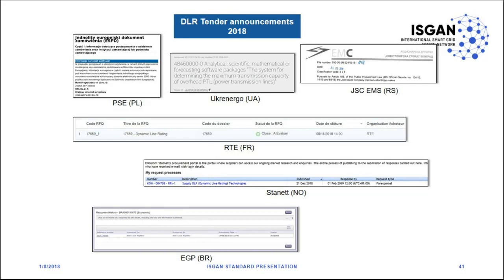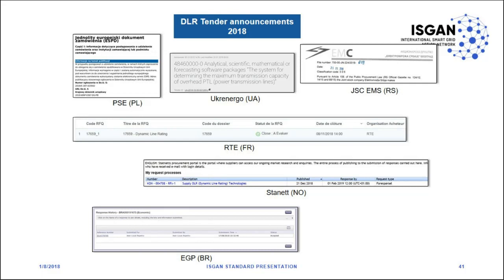So in terms of technology, it's mature, and you can see the proof of it if you look at the tender round announcements of last year. You can see 1, 2, 3, 4, 6 of them in various parts of the world, Europe or the Americas, and more are coming. We know about that. So DLR is becoming commonplace.